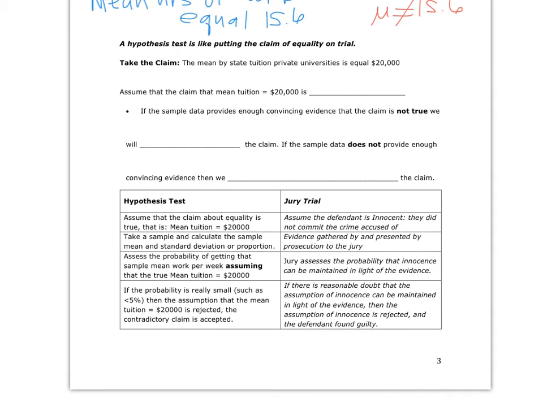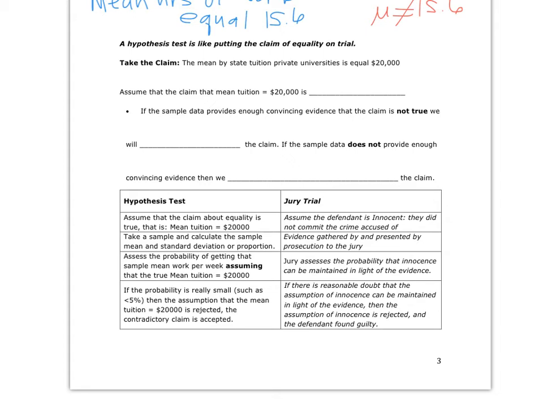So we start by assuming whoever's on trial is innocent, and then it's up to the prosecution to put forth the evidence that will make it impossible to maintain that belief of innocence. And then they're found guilty. But if the prosecution doesn't put forth enough evidence, then the jury can't set aside that assumption of innocence, and they will be found not guilty.